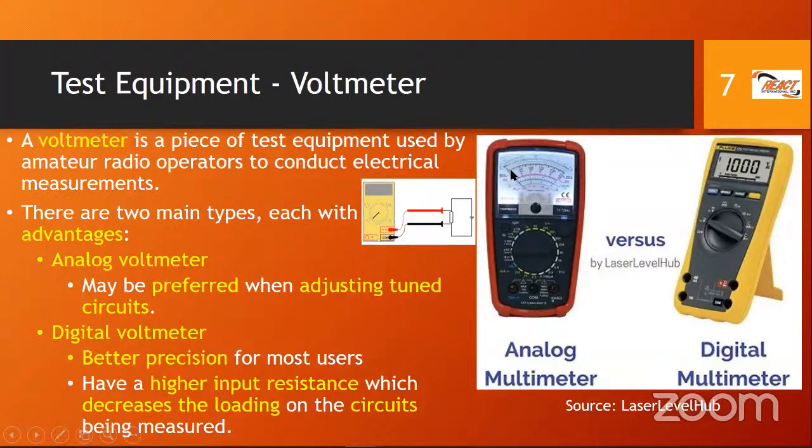So that's why, even though some people say digital is always better, there are advantages and there are times when analog comes in very handy. Everything doesn't replace everything. You sometimes have better, yes, but sometimes you have features of other technology that work for you. So you need to know for the exam that an analog voltmeter may be preferred when you are adjusting tuned circuits.